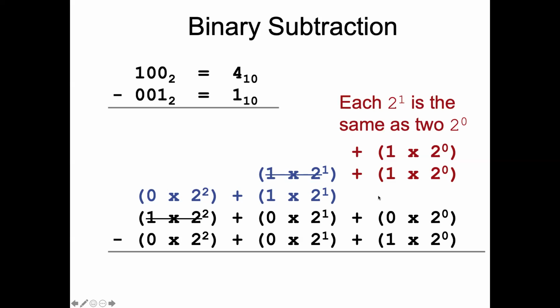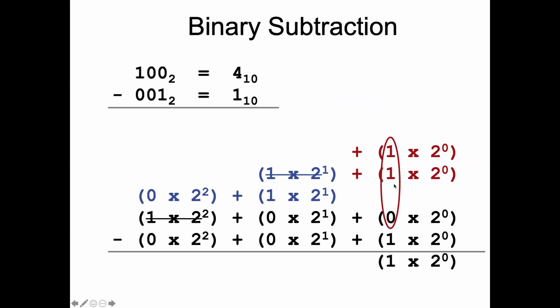I haven't changed the top value, but now I can subtract. If you're subtracting 1 times 2 to the 0 from 2 1 times 2 to the 0's, you can take away one of them, and that leaves you with 1 times 2 to the 0. Moving into the next column, you've got 1 times 2 to the first, and you're subtracting 0 times 2 to the first from it. So that leaves you 1 times 2 to the first.